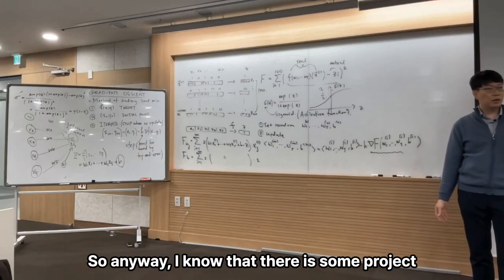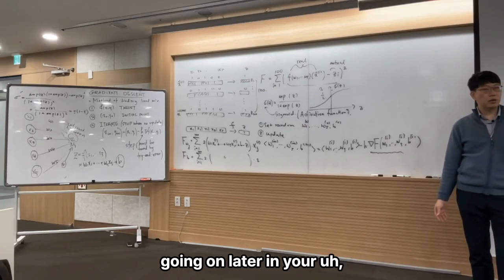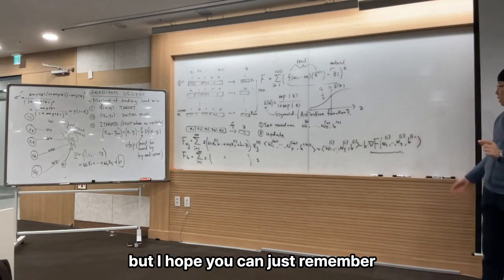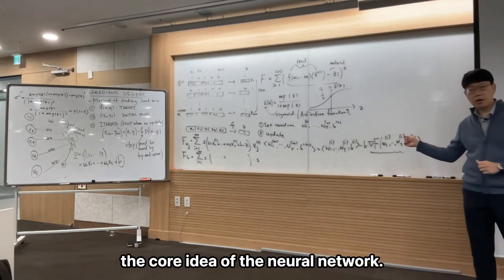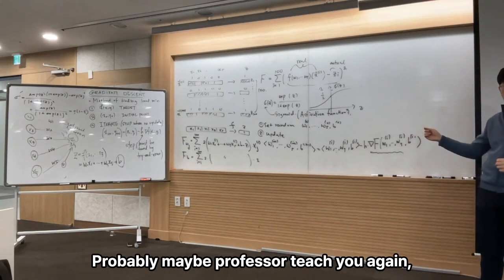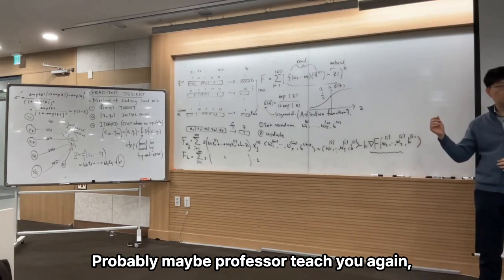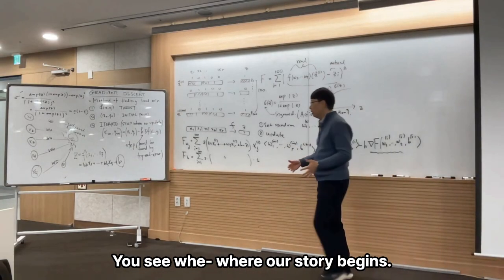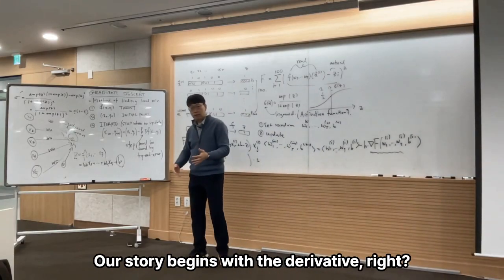Anyway, I know that there is some project going on later in your other class, but I hope you can just remember the core idea of the neural network. Probably the professor will teach you again, but in the mathematical settings, you see where our story begins. Our story begins with the derivative, right?